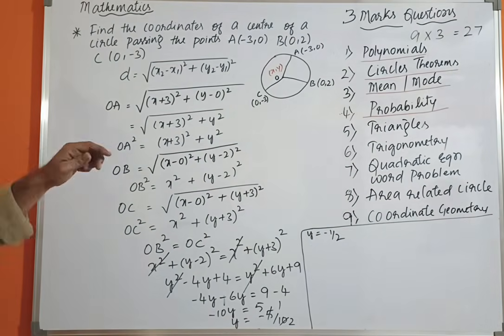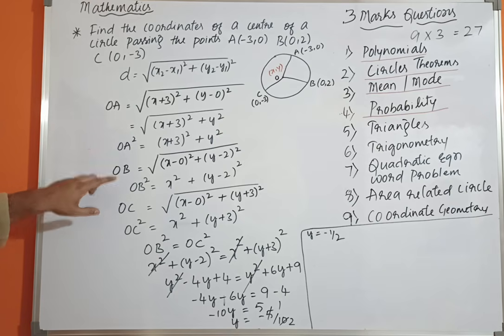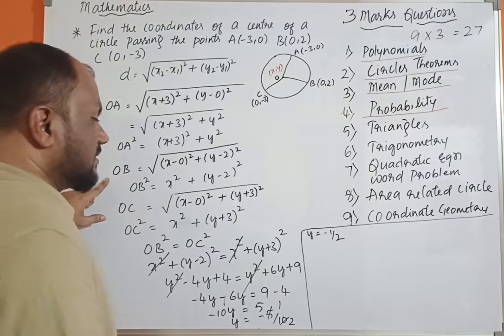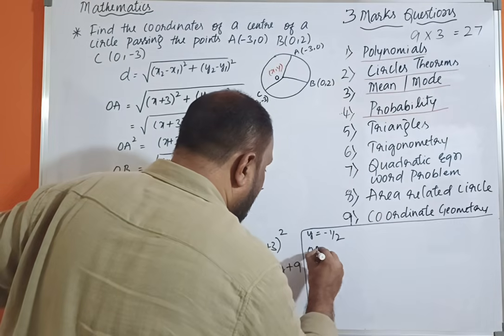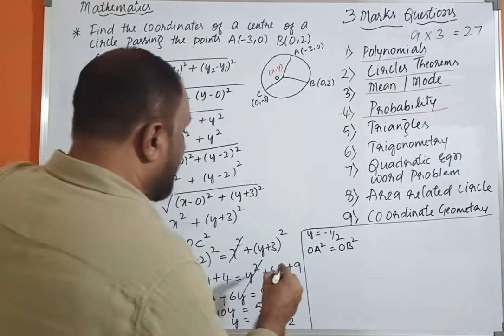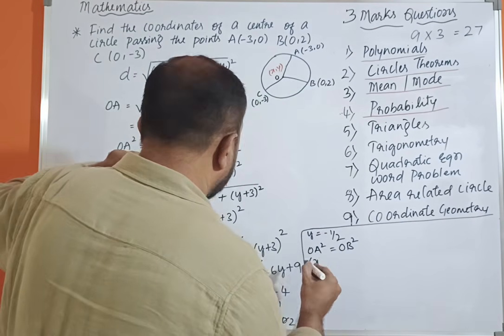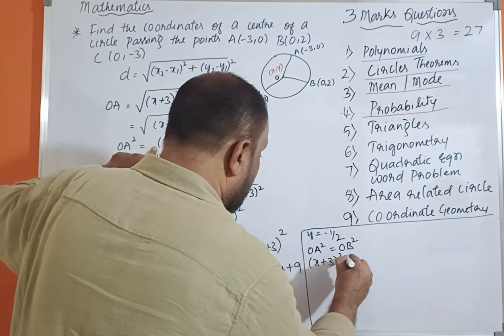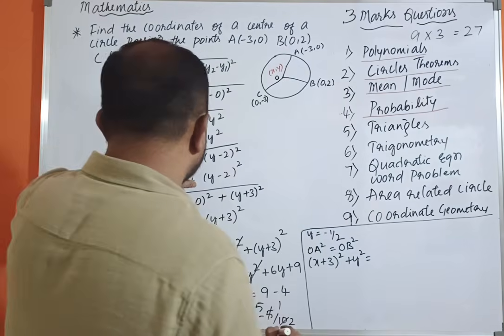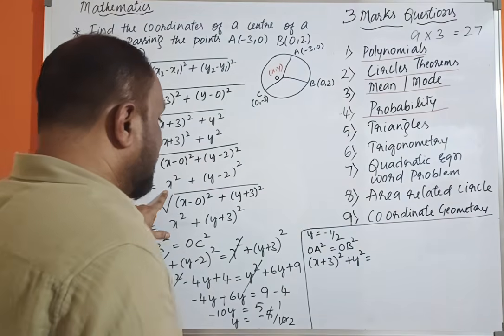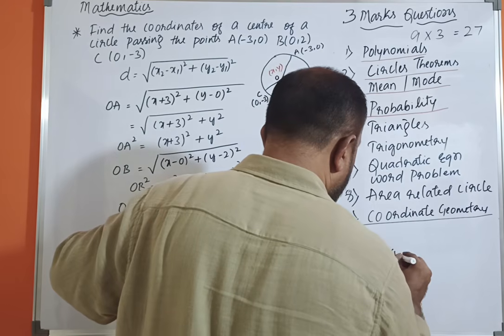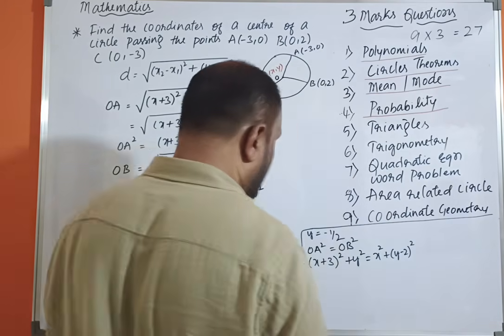Now equate OA square and OB square. OA square is equal to OB square. So what is OA square? x plus 3 whole square plus y square is equal to x square plus y minus 2 whole square.